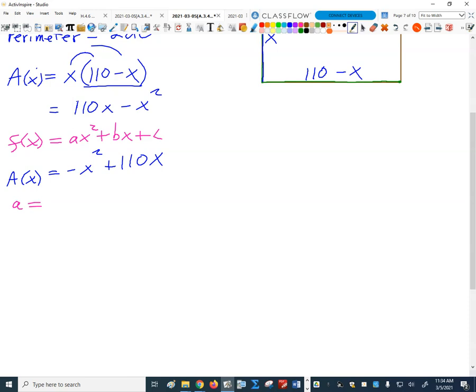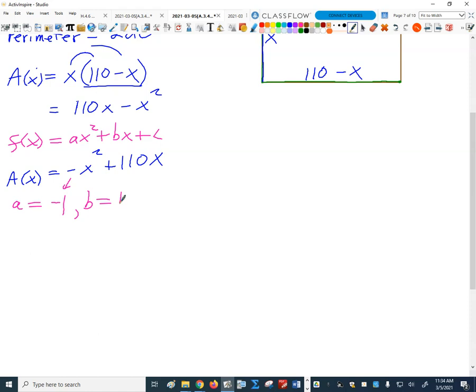For my function. And remember, a is just the coefficient of x squared, whatever's being multiplied by x squared. So what's a? Okay, -1. All right, I'll buy that. What's b? Okay, good.